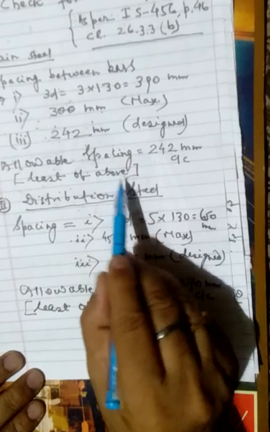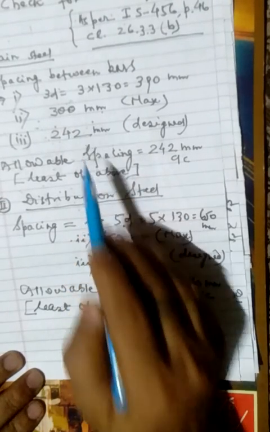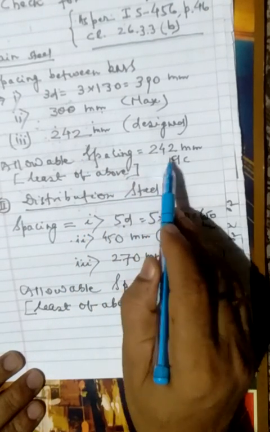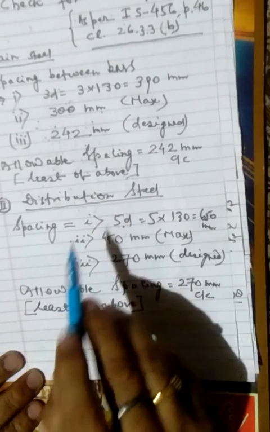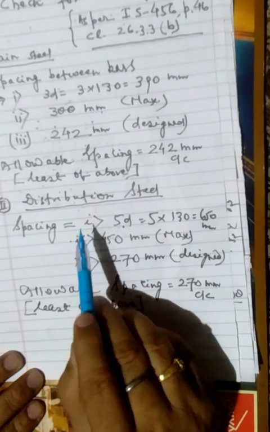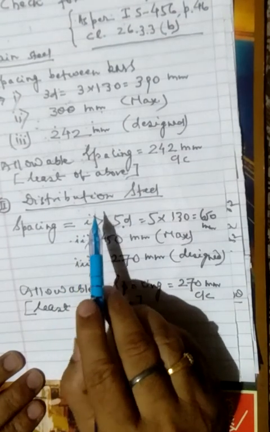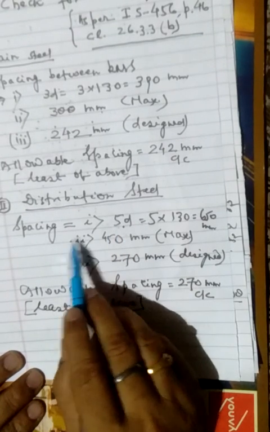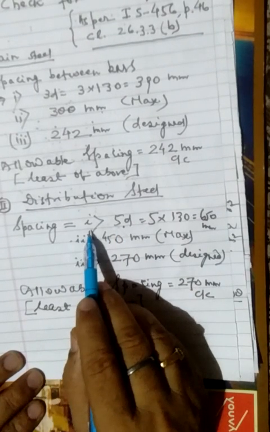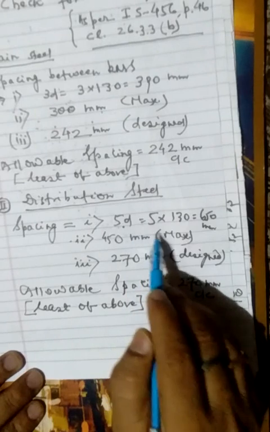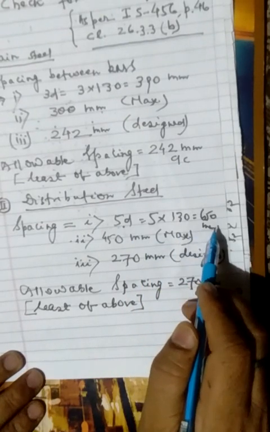So allowable spacing would be the minimum of these three, the least value of the above, that is 242 millimeters center to center. Again, for the maximum spacing allowed for distribution steel, the guideline says the first option is 5d, that is 5 into small d 130, 650 millimeter.